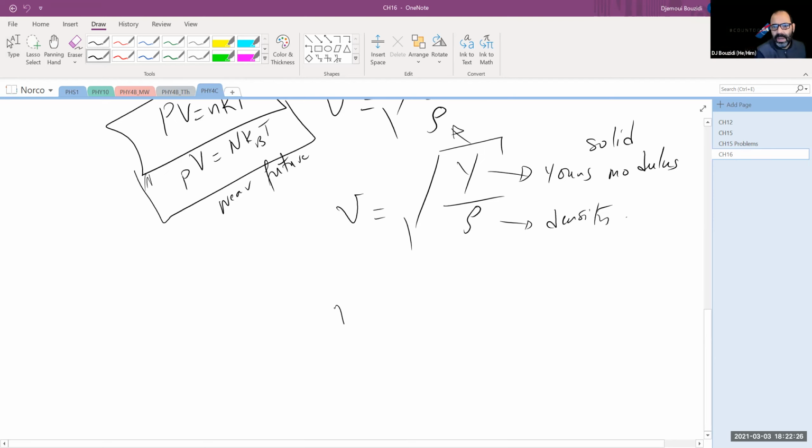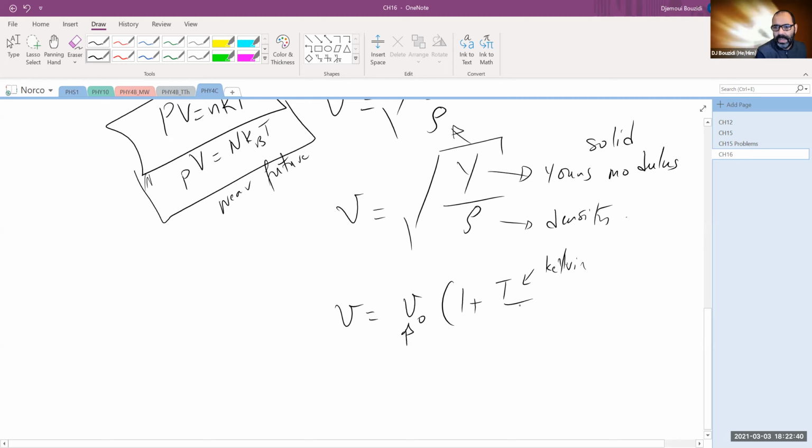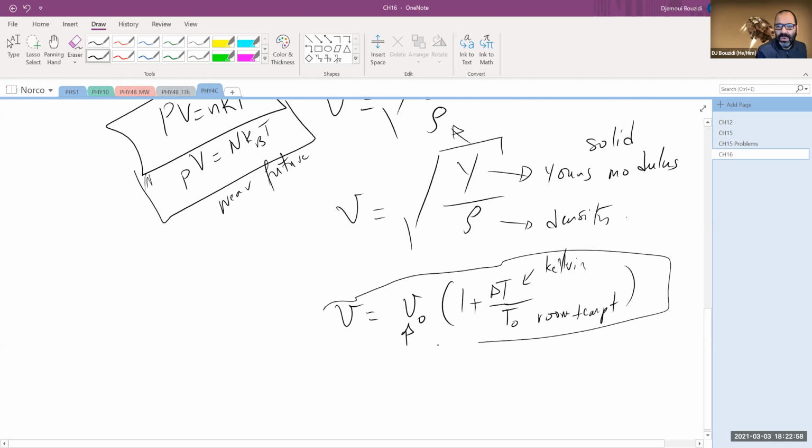The bottom line is the velocity of sound will turn out to be some fixed velocity times 1 plus the temperature in Kelvin divided by some constant T, which is the room temperature. So that's the change in temperature, by the way, and this is room temperature. We're going to come up with a better explanation for this down the road, so I'm not really going to emphasize these things here.